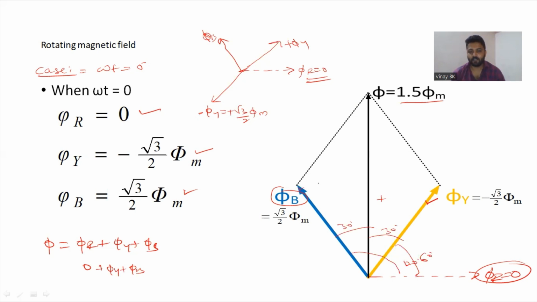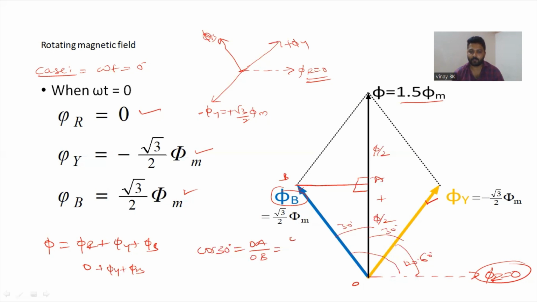Now we have to draw a perpendicular bisector that cuts the total resultant line equally, half and half, so that this becomes phi by 2 and this becomes phi by 2. Now we define cos 30 degrees by considering the triangle OAB: adjacent divided by hypotenuse, so the adjacent side is OA and the hypotenuse is OB, OA divided by OB.